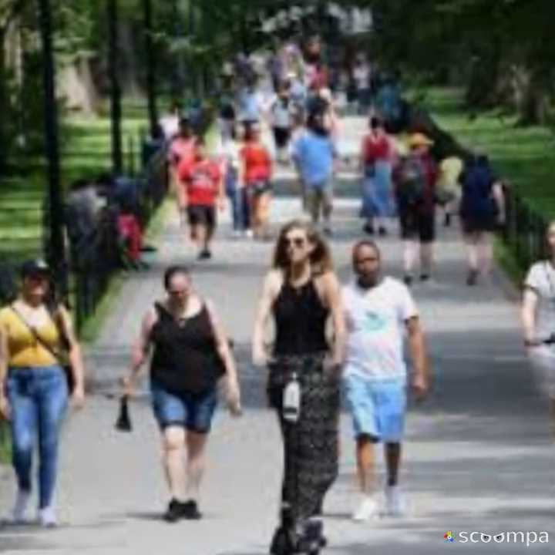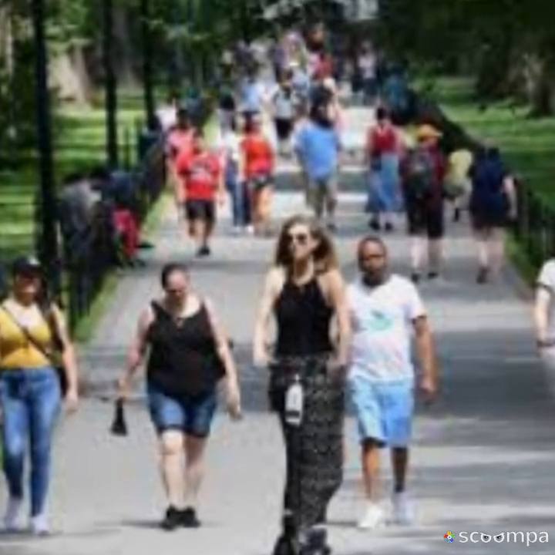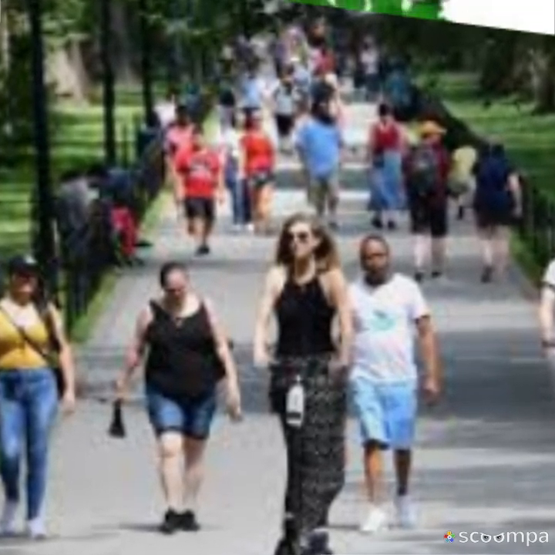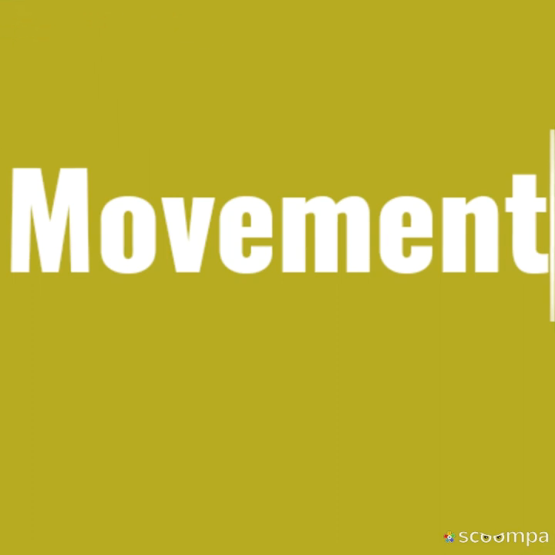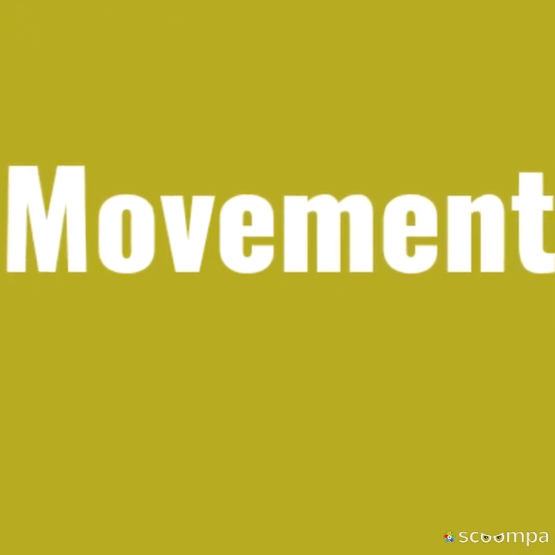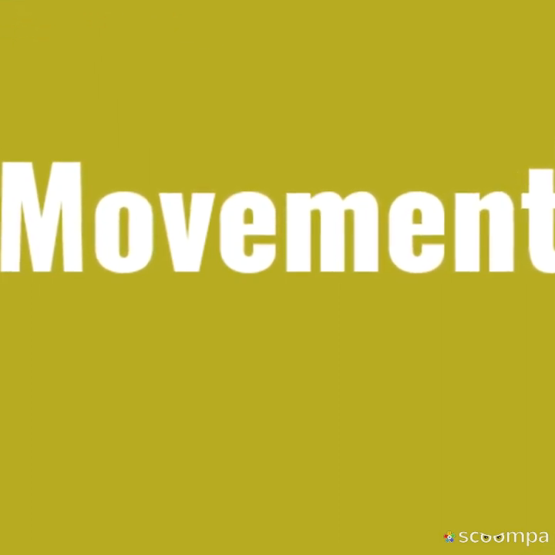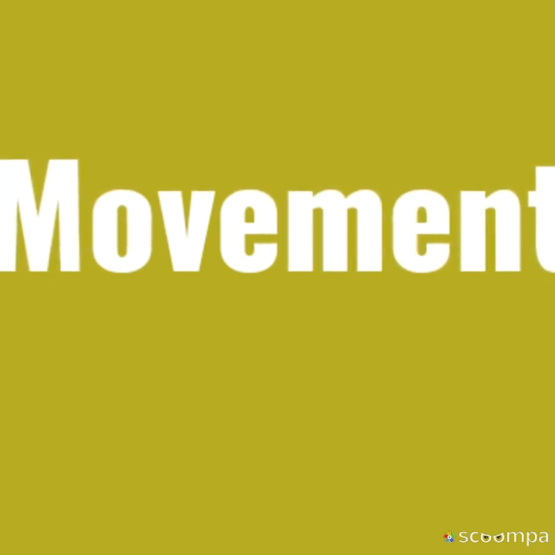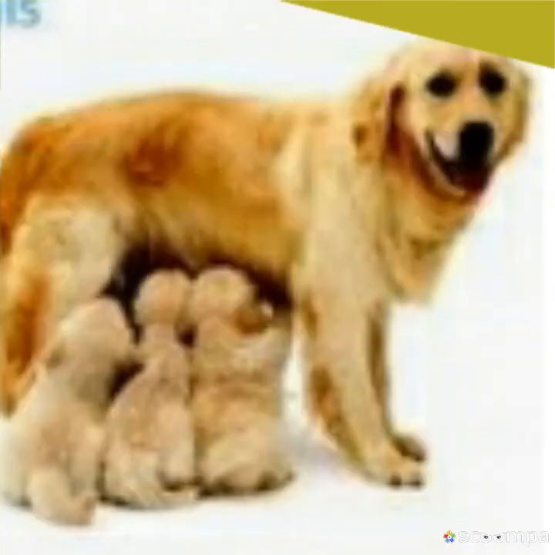All living things move from one place to another. Even though plants do not move from one place to another, certain plant parts show movement towards the sun. Students, as we are familiar, all living things produce young ones of their own kind.